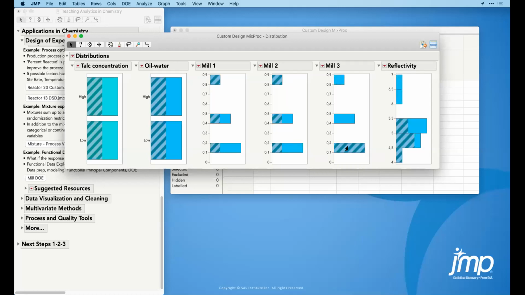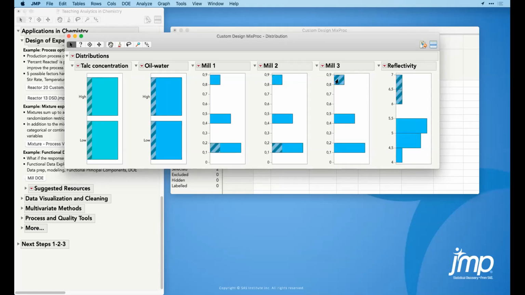Also, by clicking here, look at our response, which is reflectivity in this example. And again, we want to maximize, so the higher is better. Can you see what's better?